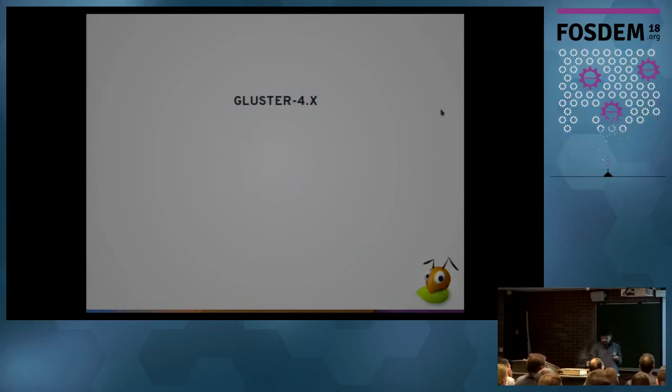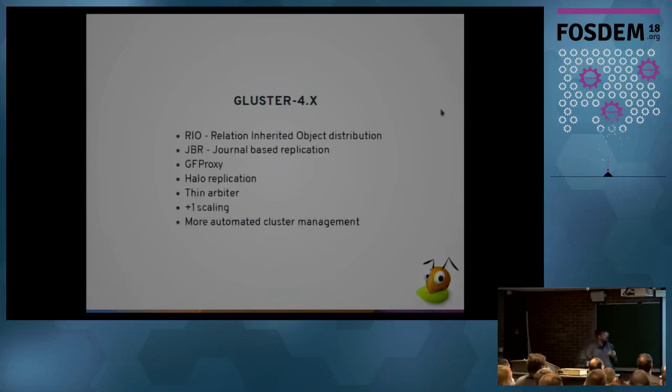Those were the 4.0 features, but we have a lot more features coming on. We have been talking about a lot of other features for the Gluster 4.0 release, but these are not landing in 4.0. They will come somewhere down the 4.x release line.